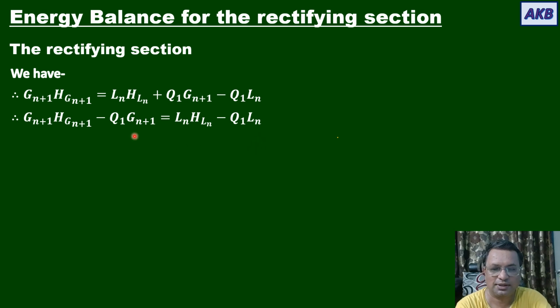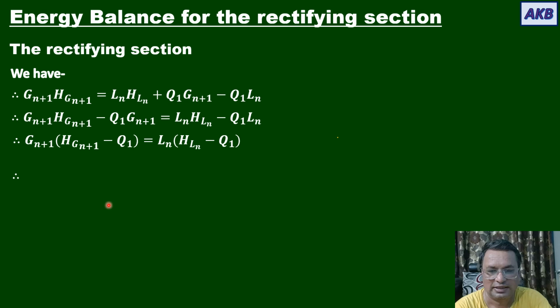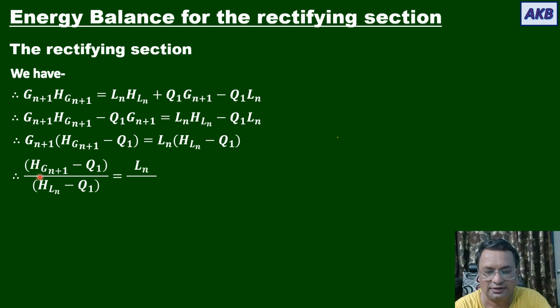In the next step, on the left hand side we will take Gn+1 common, whereas on the right hand side we will take Ln common. So it will be Gn+1 (HGn+1 minus Q1) = Ln (HLn minus Q1). If you rearrange it, the equation will be (HGn+1 minus Q1) divided by (HLn minus Q1) = Ln upon Gn+1. Let us call this equation 11.